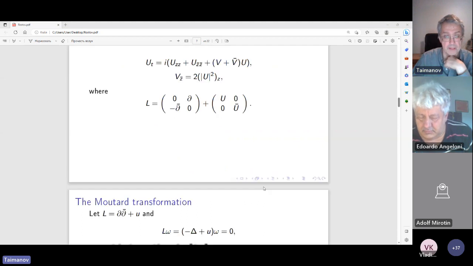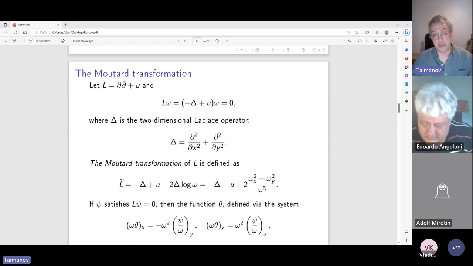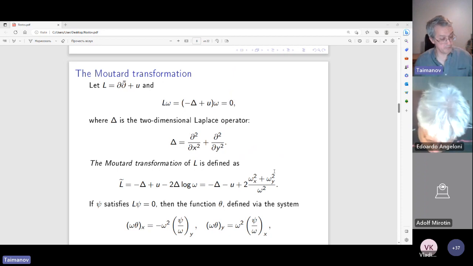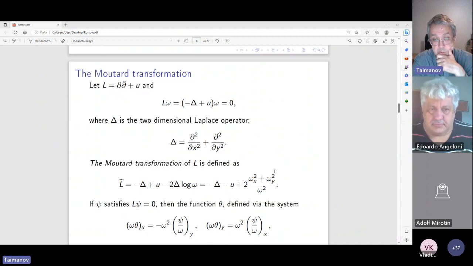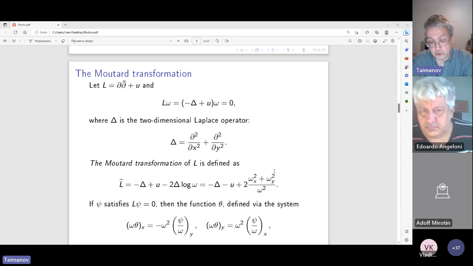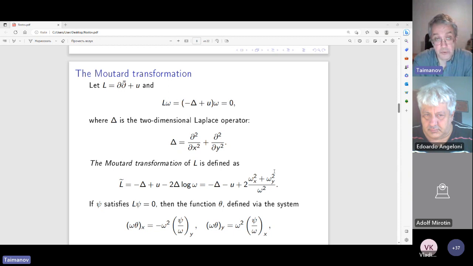soliton stuff. And now I'm coming to the Moutard transformation, which was introduced by the differential geometer Moutard. And it is a two-dimensional generalization of the Darboux transformation. So if we have the Darboux transformation for constructing new solutions of the Korteweg-de-Vries equation, we have to look for the Moutard transformation, its two-dimensional version, to construct new solutions of two-dimensional soliton equations from the given ones.